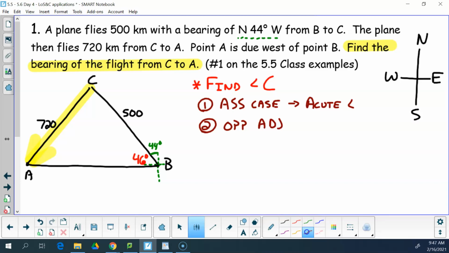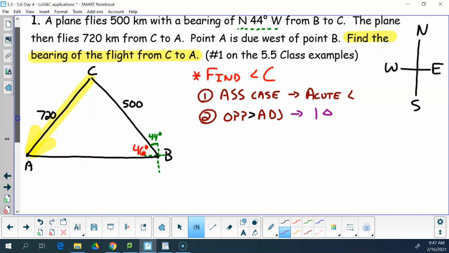Which one's bigger? To the red angle, the opposite side or the adjacent side? Opposite. So opposite is bigger. That's good because that means we only get one triangle. Anytime the opposite side is bigger, we only get one triangle. Okay? So we can just go law of sines now.